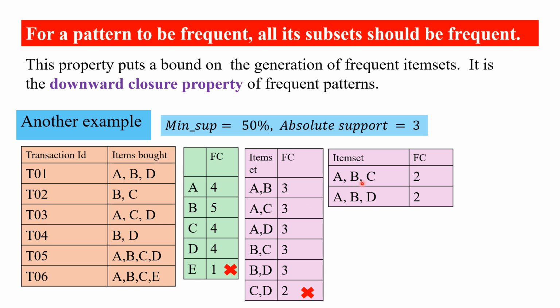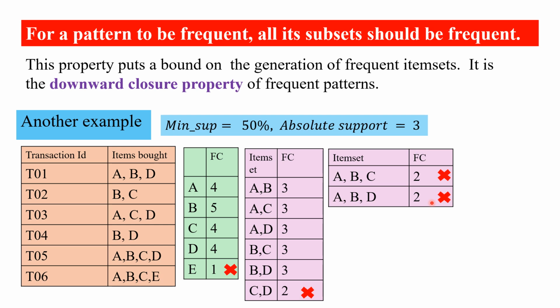So ABC: AB is frequent, AC is frequent, but the frequency count of ABC is 2. Similarly, ABD: AB, AD and BD are all frequent. So we could also take this into consideration for length 3, but the frequency count for this also came out to be 2.